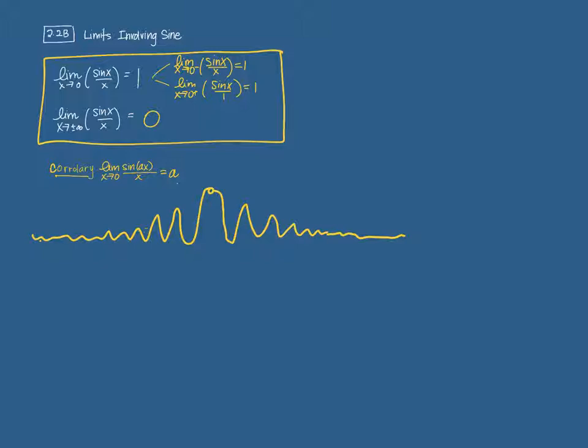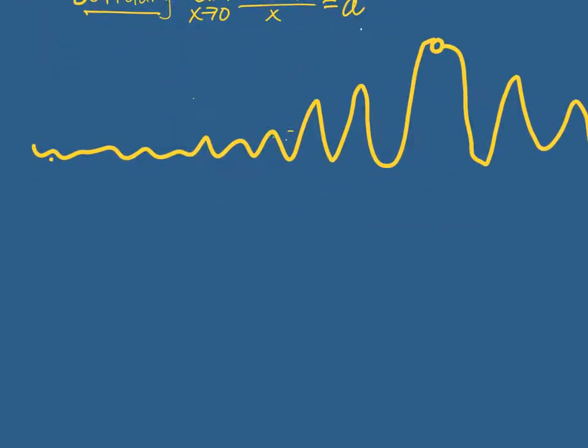But no matter what, on the edges, out here, the limit as x approaches positive infinity of sine of x over x, that's always going to equal 0. And out on the other end, on the left side, as x approaches negative infinity, the limit of sine of x over x is also always going to be 0.